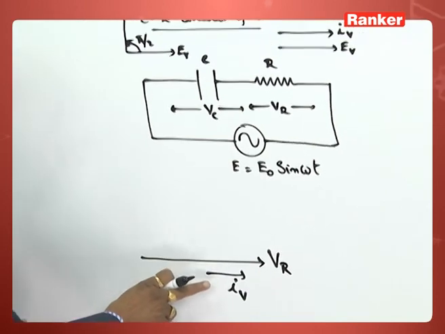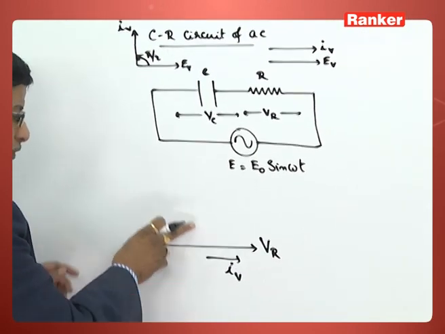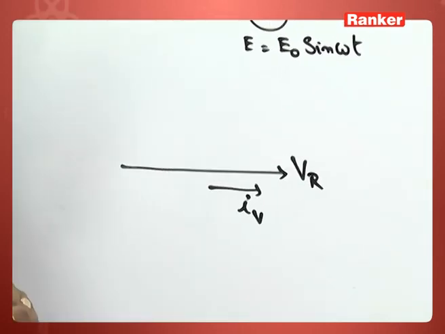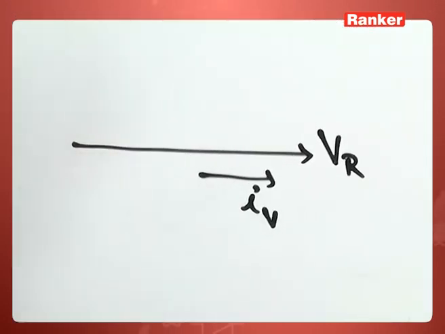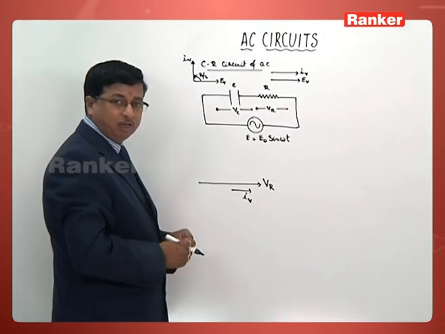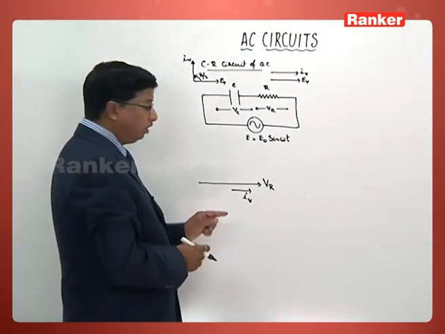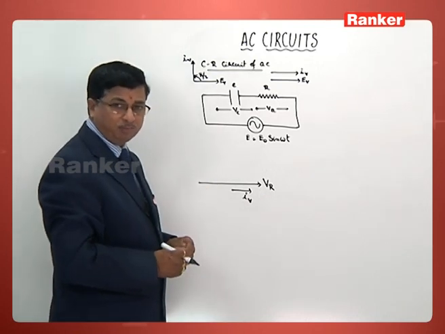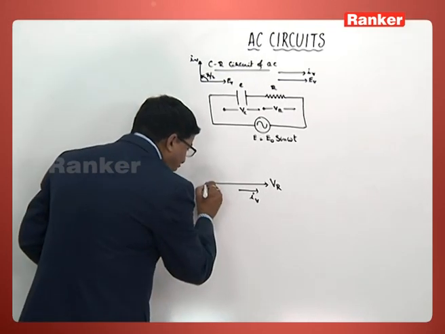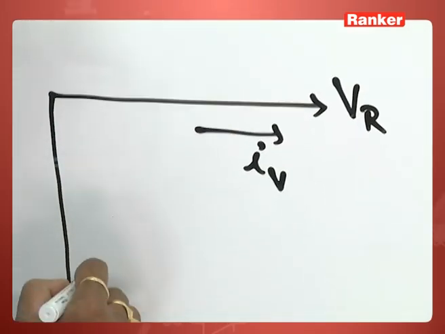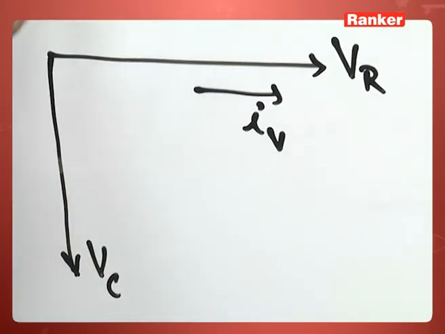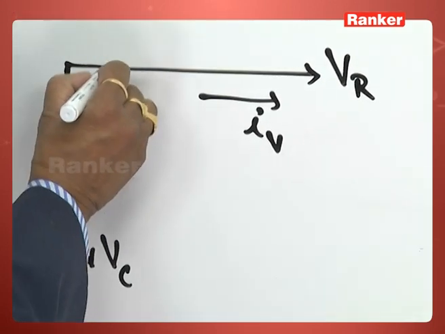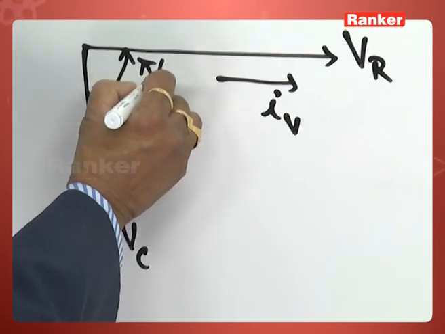So this is current. That value of EMF now should lag behind the current by 90 degrees. Current leading the EMF by pi by 2 radian is equivalent to EMF lagging behind the current by pi by 2 radian. So we have to show the value of VC vertically downward. That means the current is now leading by pi by 2 radian.